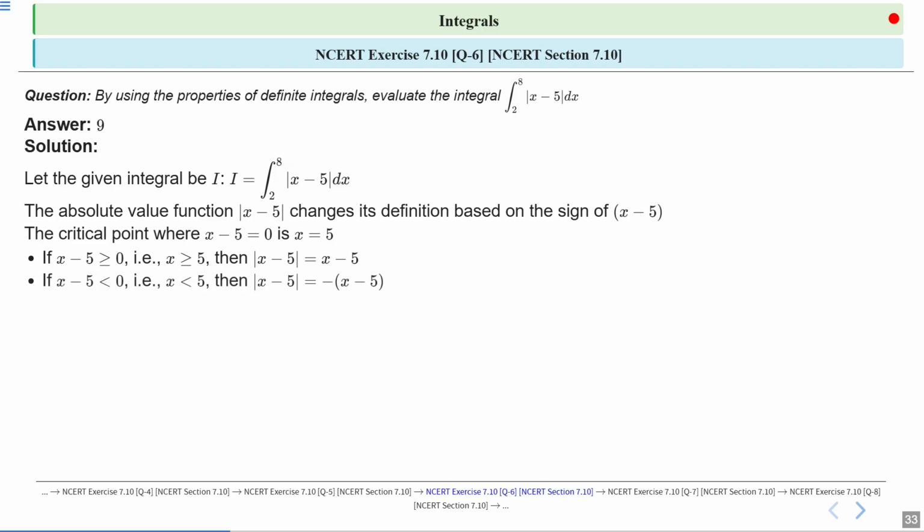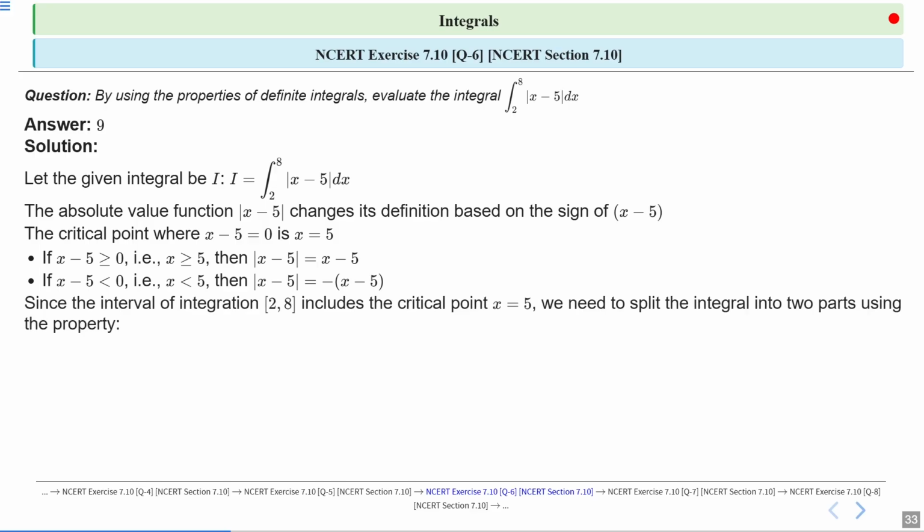So on the interval 5 to 8, mod x minus 5 is x minus 5. And if x minus 5 is negative, that is less than 0, then x is less than 5. On that interval, mod x minus 5 is -(x minus 5). So on the interval 2 to 5, the value of mod x minus 5 is -(x minus 5).